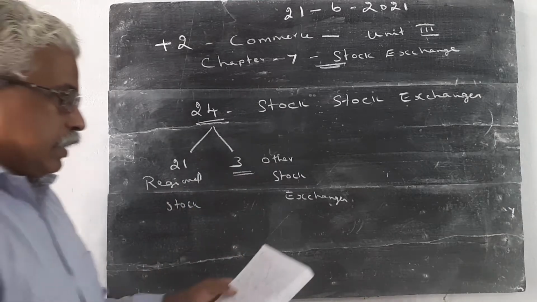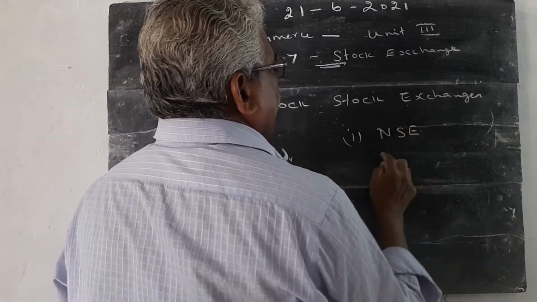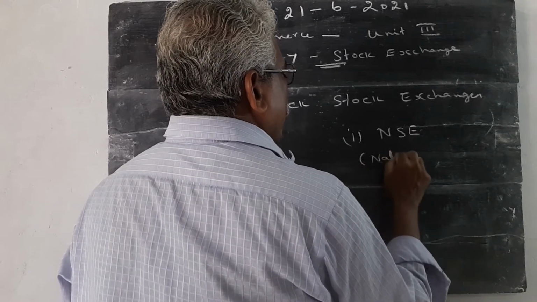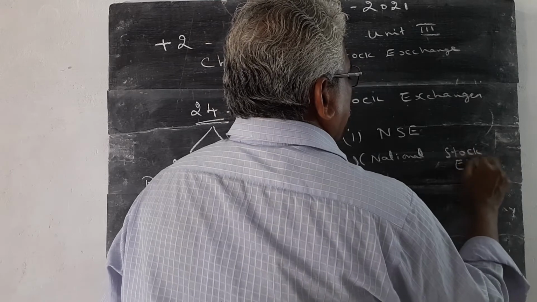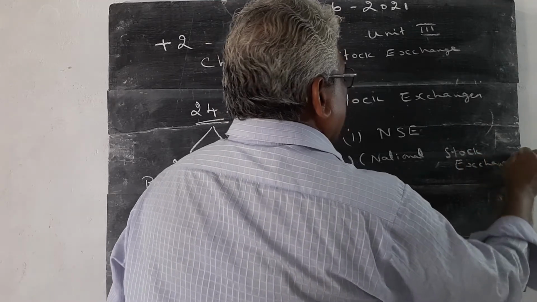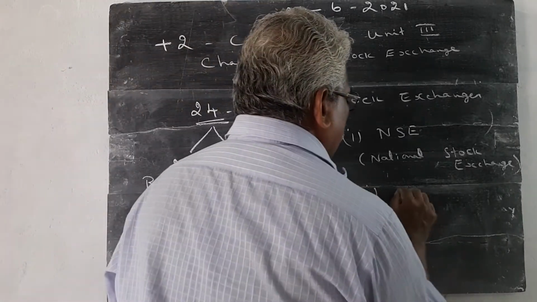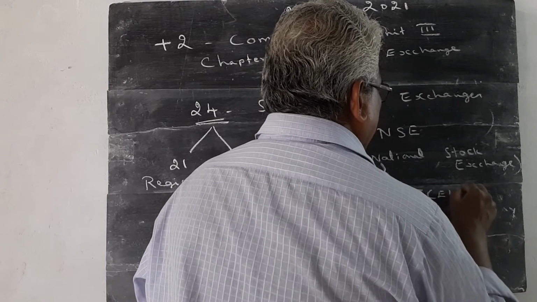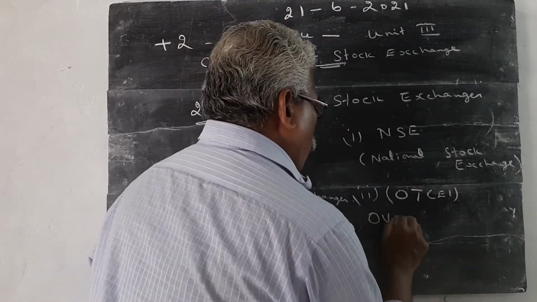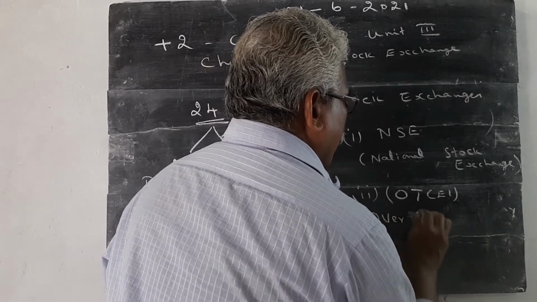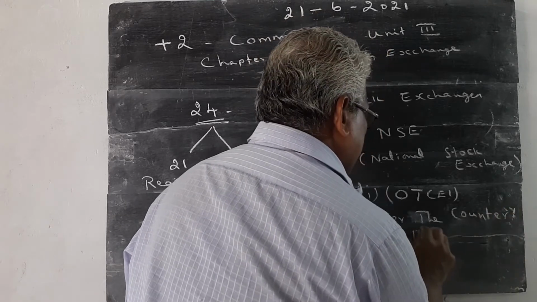The 3 other stock exchanges are: number 1, NSE, that is National Stock Exchange. Number 2, OTCEI, Over the Counter Exchange of India.